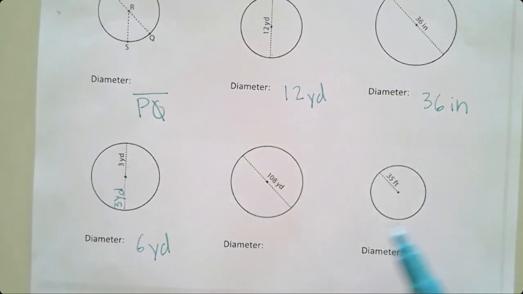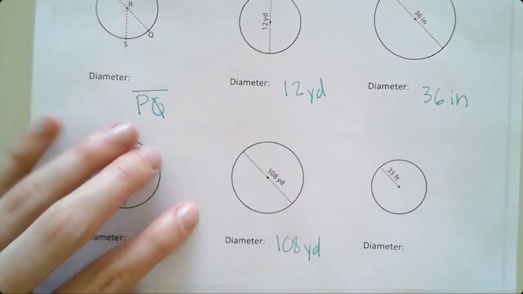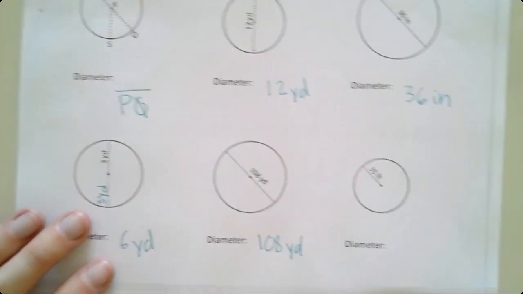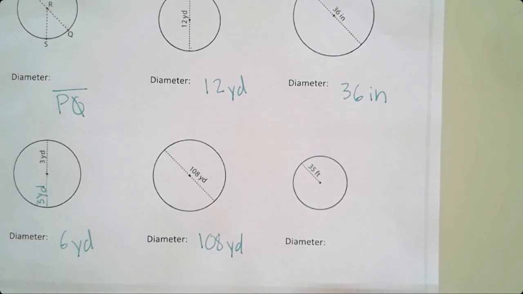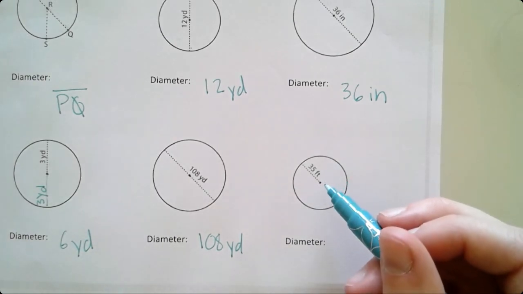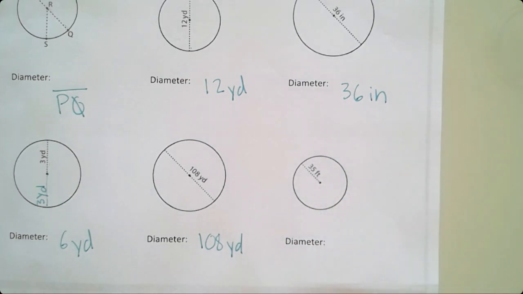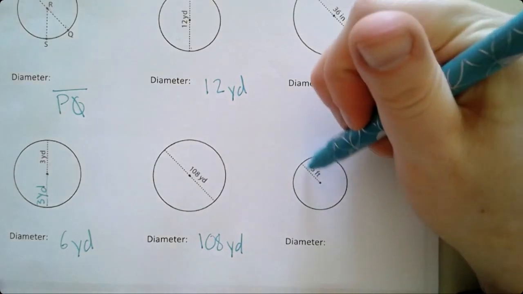Okay. Next one, oh look, they're giving us the diameter because it's all the way across, so that has to be 108 yards for the diameter. And the next one says 35 feet, but is it giving us the radius or is it giving us the diameter? Does it give us the short measurement or the full distance across? It's only giving us halfway across.